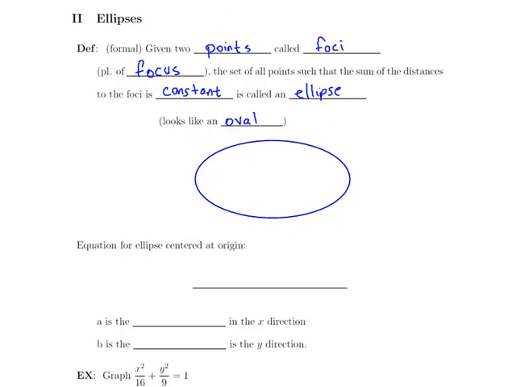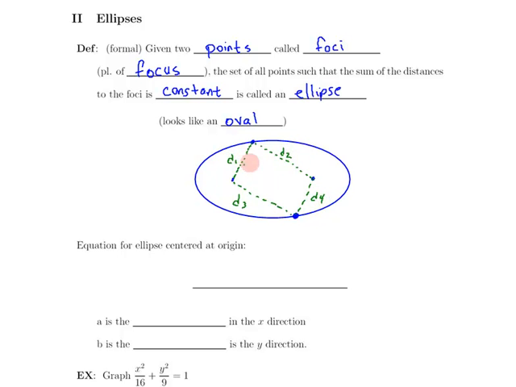The foci are a couple of points in here, right here and right here, so that every point on the outside here, if I were to measure the distance from this point, which I'm calling a focus, to a point on the outside, and measure the distance from that point to the other one, if this was, say, distance 1 and this is distance 2, if I were to pick any other point on the outside, say I pick this point, just an arbitrary point out there, and did the same thing again, took another distance from here and another distance here, called this D3, D4, right?